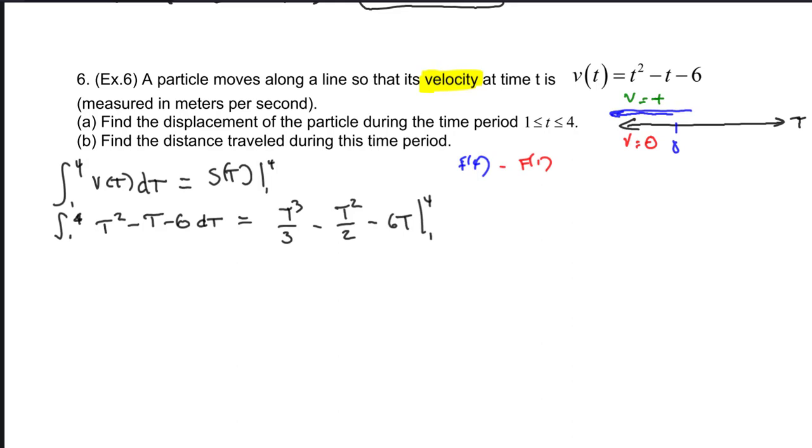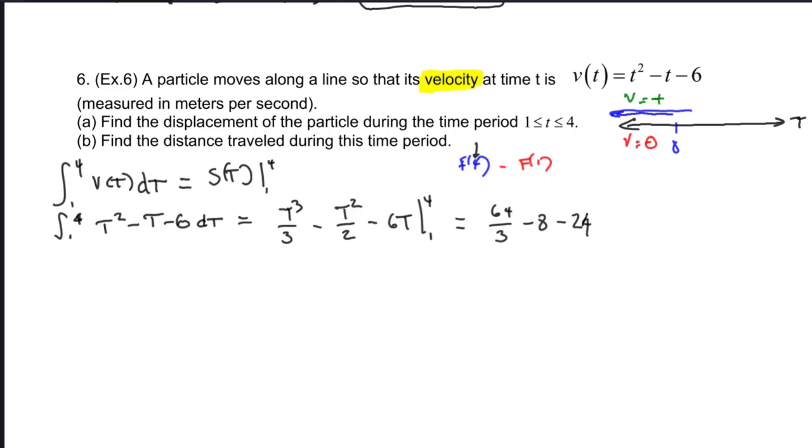So now I'm just going to plug in numbers. When I plug in 4, I'm going to have 4 cubed, which is 64 over 3, minus 4 squared is 16 divided by 2, which is minus 8, and 4 times 6 is minus 24.